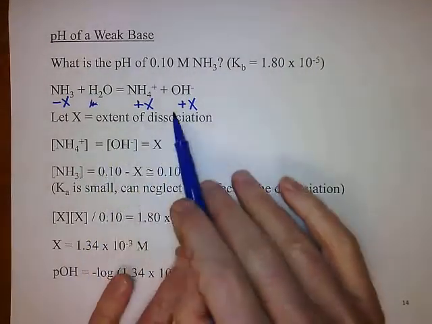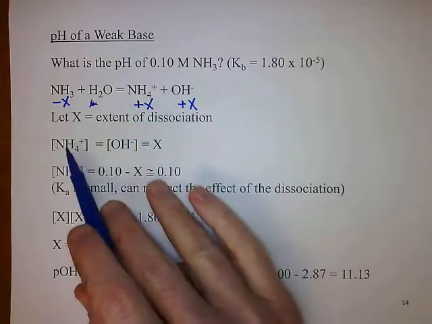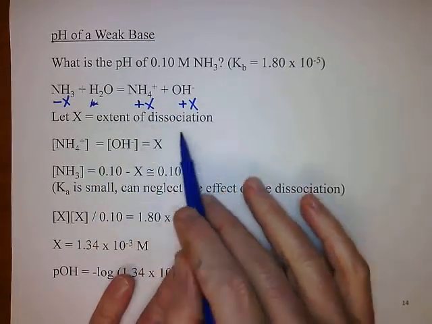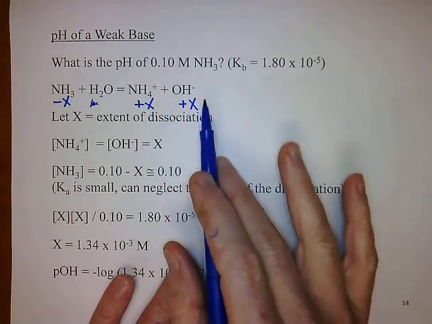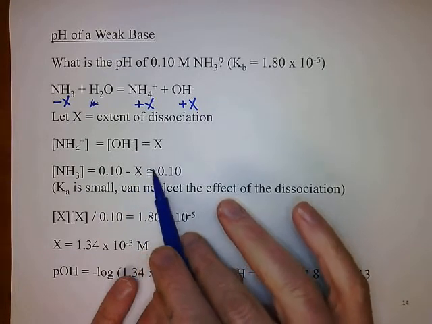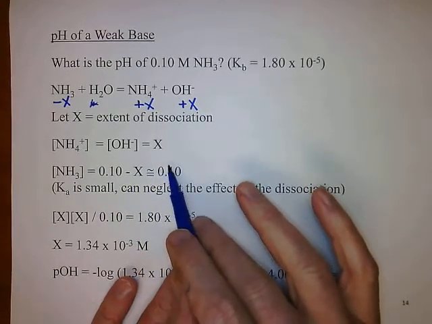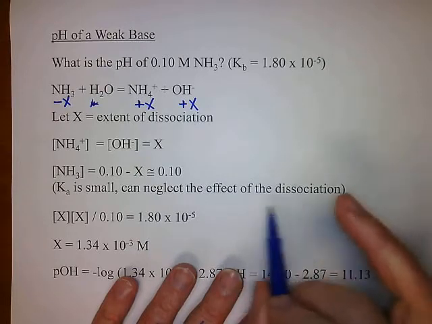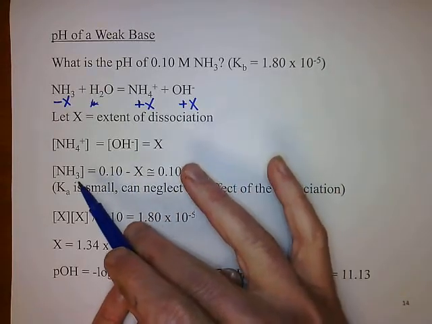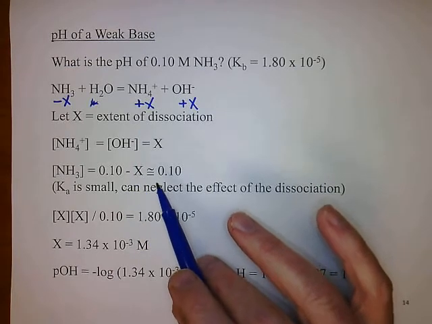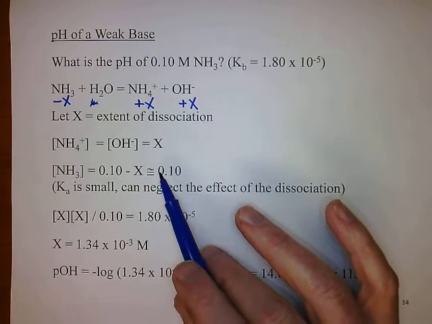So the concentration of ammonium will equal the concentration of hydroxide, that will be X, and the concentration of ammonia will be 0.1 minus X, which, again, we're going to neglect the effect of the dissociation on the concentration of ammonia and assume that 0.1 minus X is equal to 0.1.